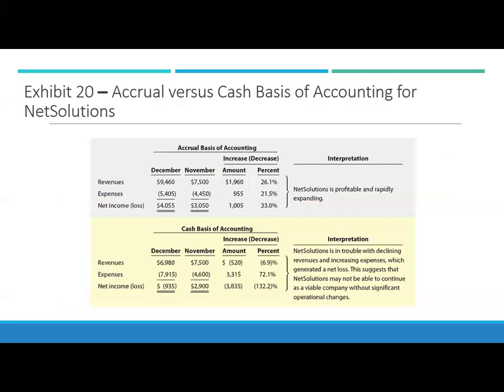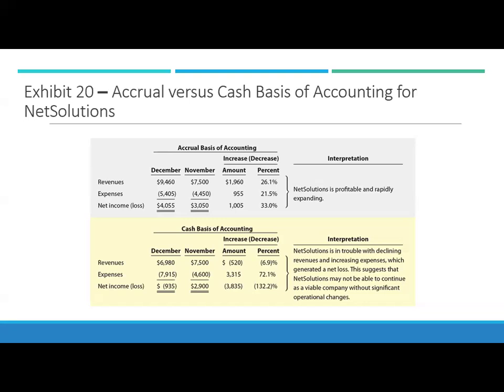So we can see the problems that occur from this: under the accrual basis of accounting, net income goes up substantially, by 33% growth month over month. And under the cash basis of accounting, it goes from net income to a net loss, so a decrease of 132% in net income.